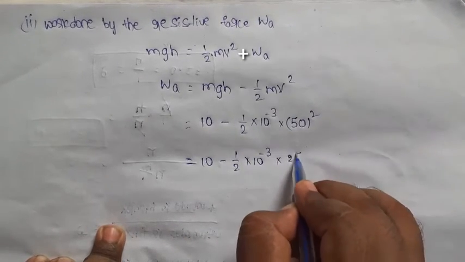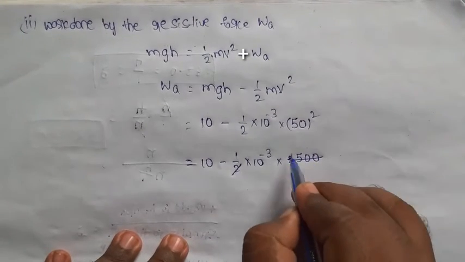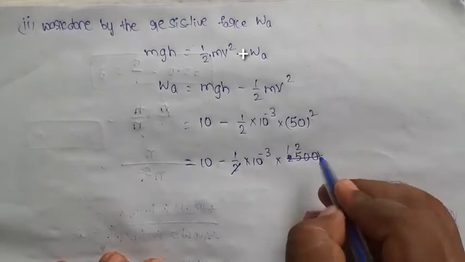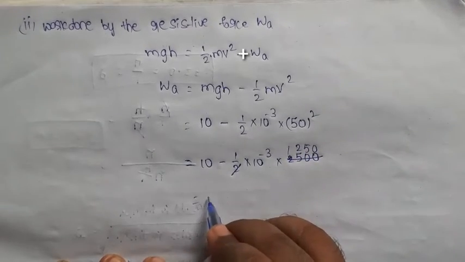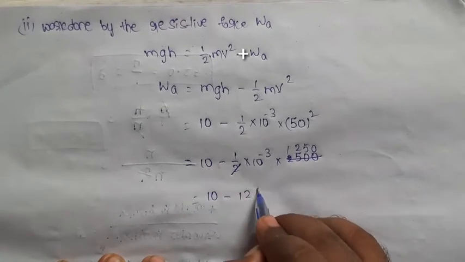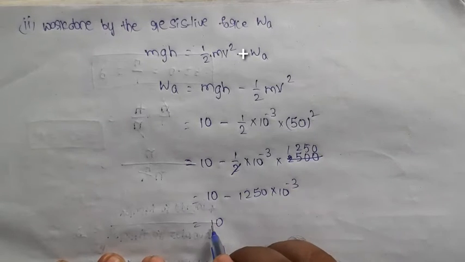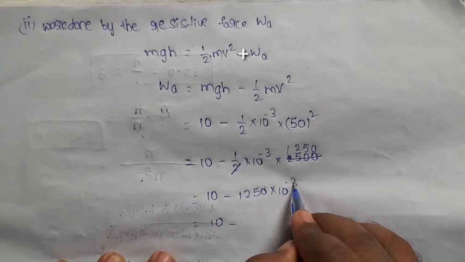10 minus 1 by 2, 10 to the power of minus 3. So 2500. How many times going to cancel? 2 twos are 4, 1250. So 10 minus 1250 into 10 to the power of minus 3. 10 minus, here 10 to the power of 1, here minus 3.